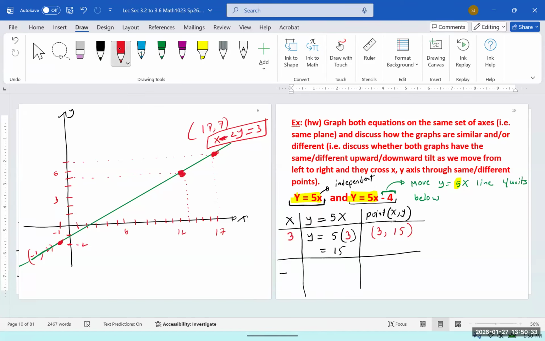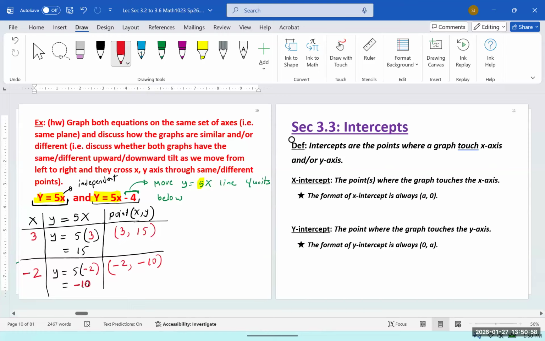I'm going to pick -2. If x is -2, y is 5 times that, -2. So we get -10. That means our point here is x -2, y -10. To draw any line, 2 points is actually fine. We don't need more than 2 points.